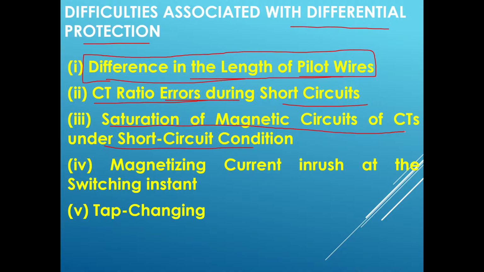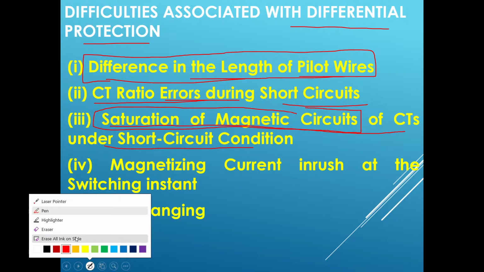This drawback, the saturation drawback, is overcome by using another type of differential relay, known as percentage biased differential relay, or percentage differential relay, or biased differential relay.